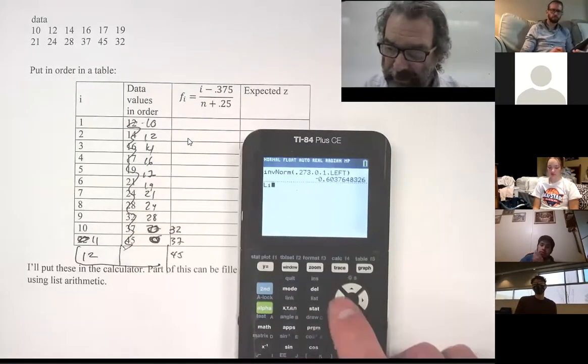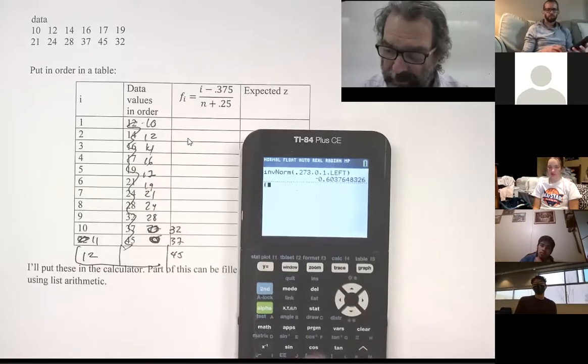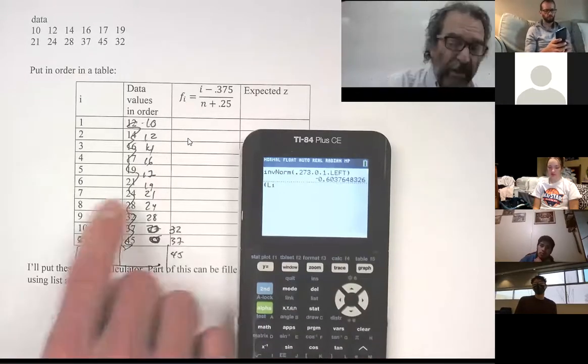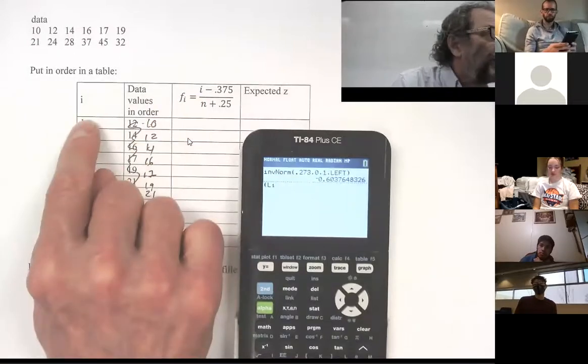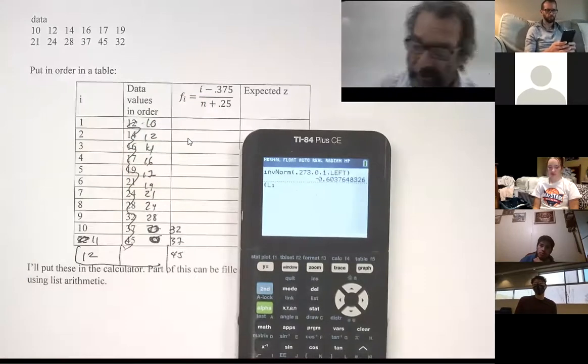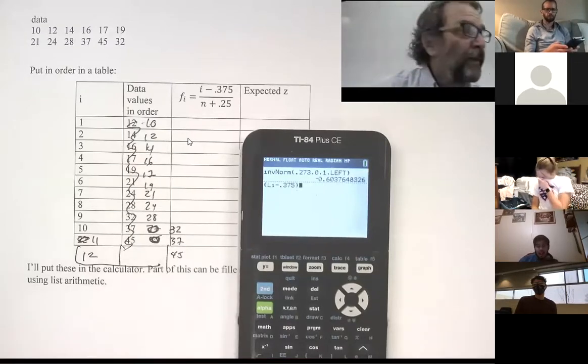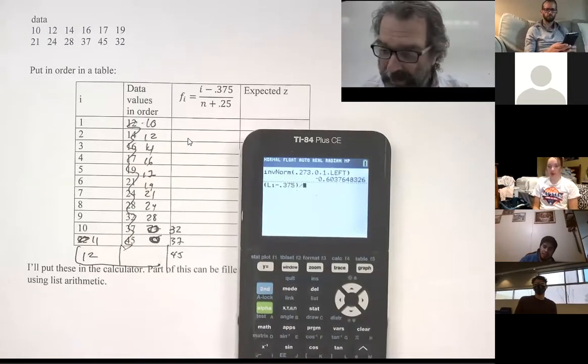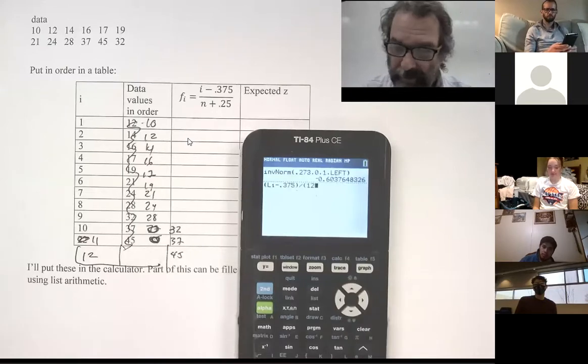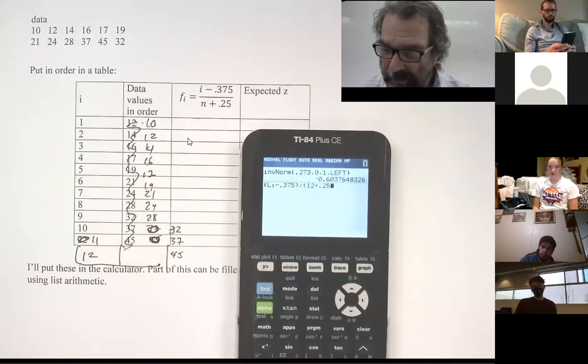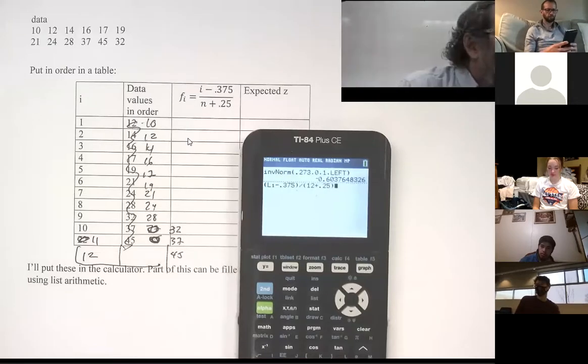I need parentheses, second 1. That gives me the i number. And minus 0.375, that's the top. And divided by N, which was 12, plus 0.25. So that'll do that calculation.